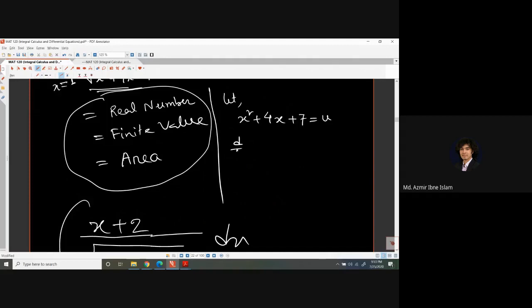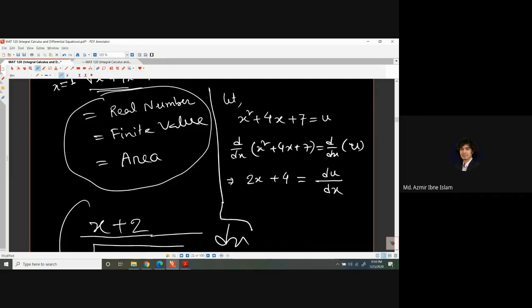So if we differentiate that function, x squared plus 4x plus 7, differentiation of u, what we are getting is: differentiation of x squared becomes 2x, differentiation of 4x is 4, and on the right side differentiation of u in terms of x is du dx.